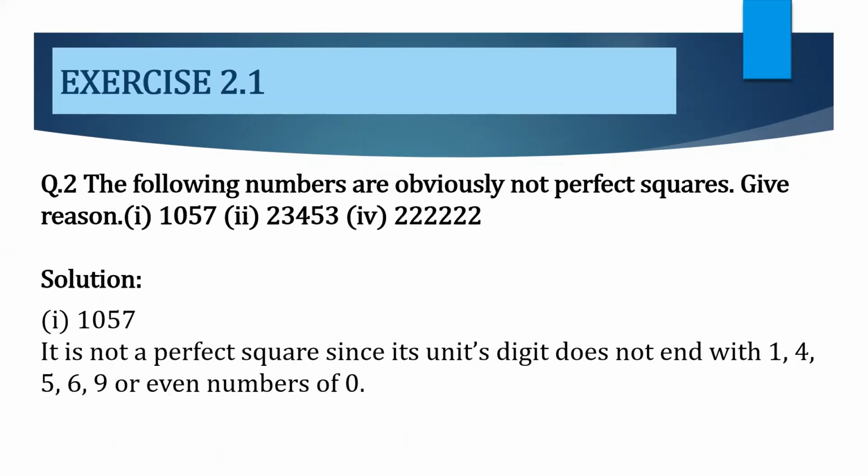Question 2. The following numbers are not perfect squares. Give reason why these numbers cannot be a perfect square. So recall again the property that if the number does not end with 1, 4, 5, 6 or 9 or an even number of zeros, then it cannot be a perfect square. So here in 1057, you can see we have 7 at the unit place, which shows that 1057 cannot be a perfect square.